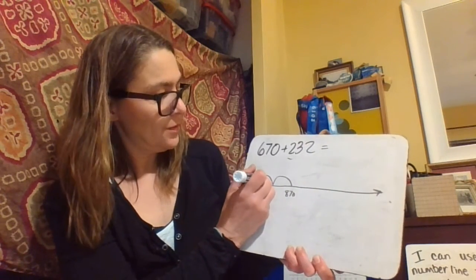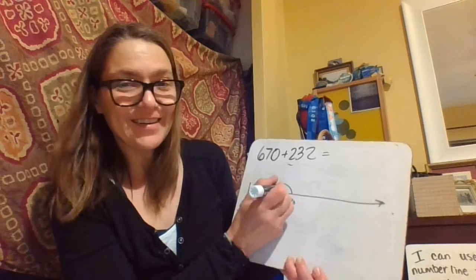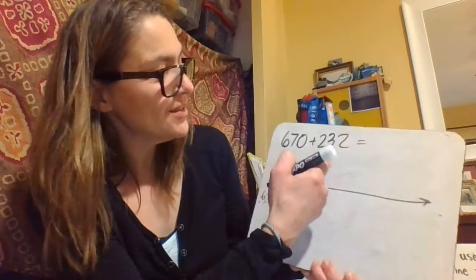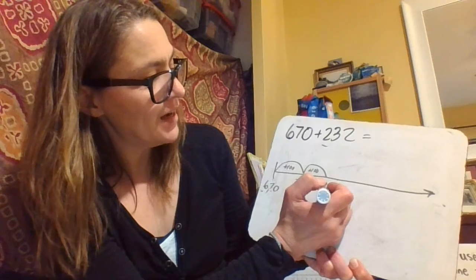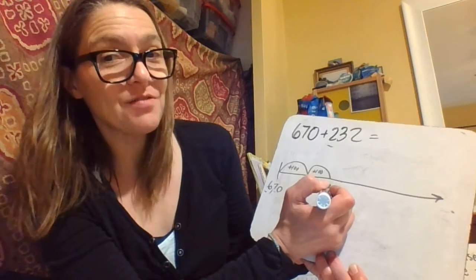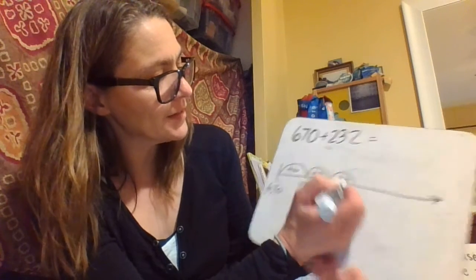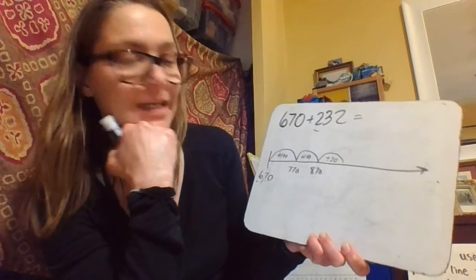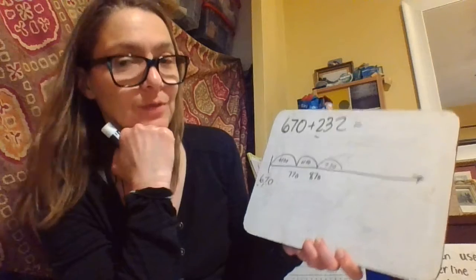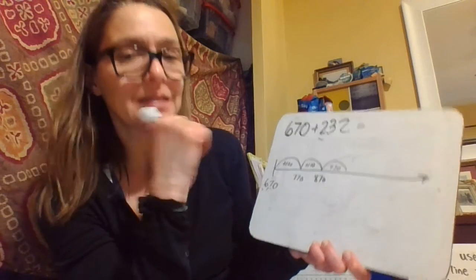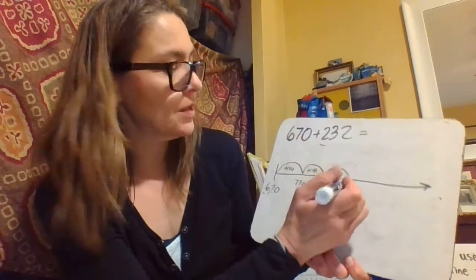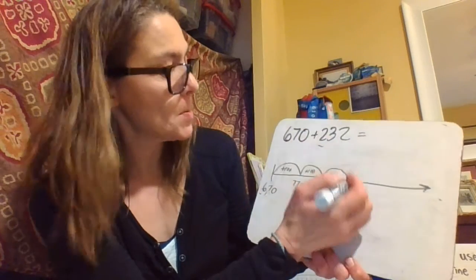Hopefully I'll have enough time, or else it'll get cut off. And then we still have 3 tens, and I see that 7 and 3 equals 10, so I'm just going to do the whole 30 jump there, and that's going to take me to the next 100, because 7 plus 3 equals 10, 70 plus 30 also equals the next group of 100.